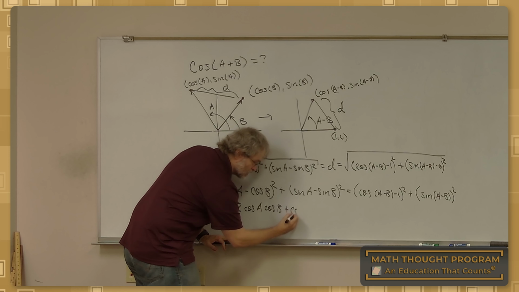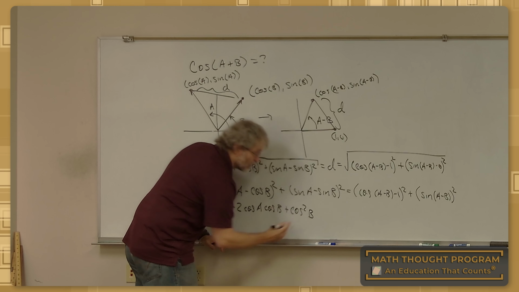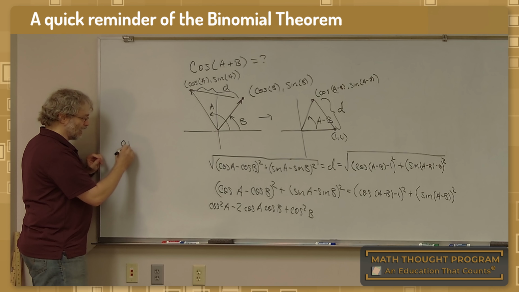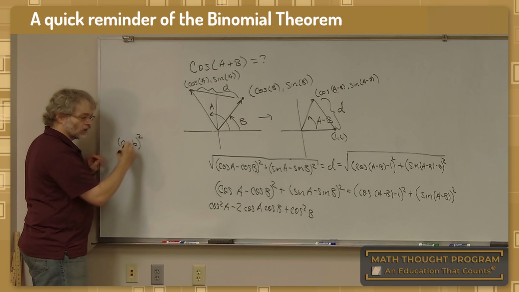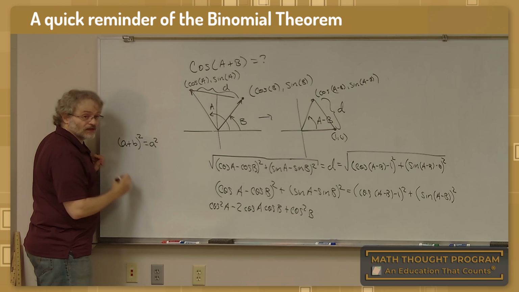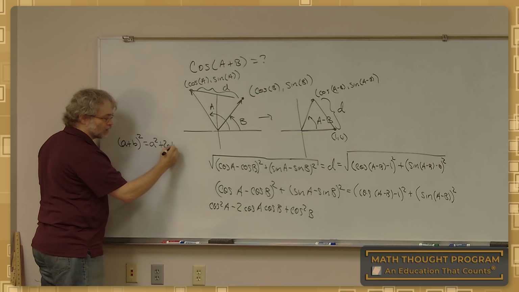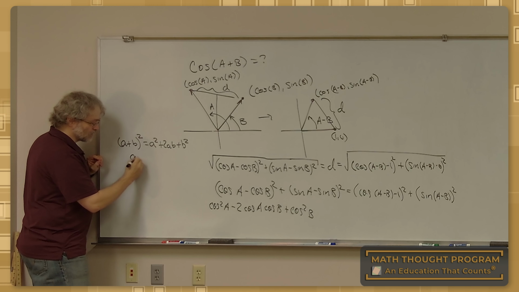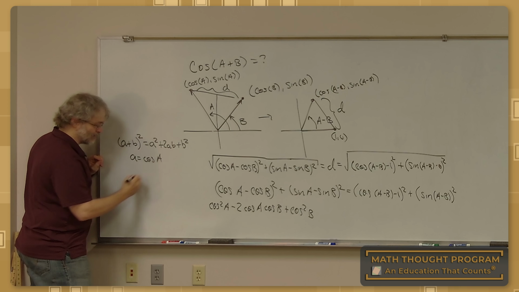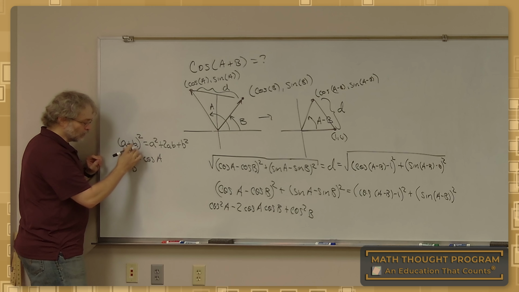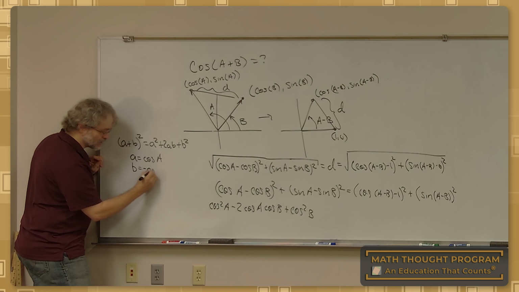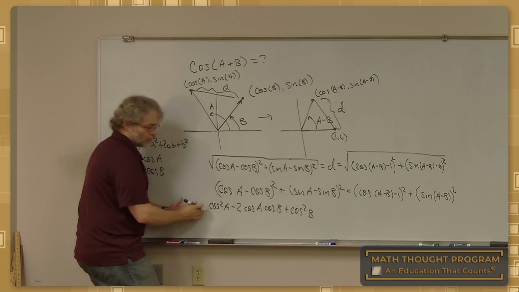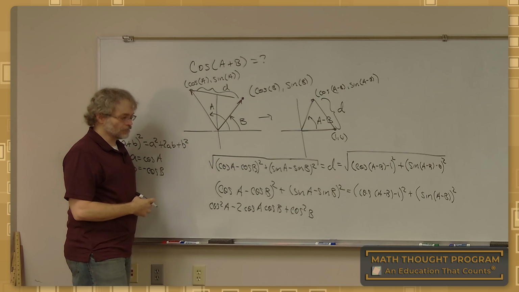So that's going to be cosine squared B. It is the exact same thing as looking at a plus b, quantity squared. You have a squared plus 2ab plus b squared. It's just that in the first one, a corresponds to cosine of capital A, and the little b corresponds to minus cosine of capital B. Apply the identity right here, get that expression.